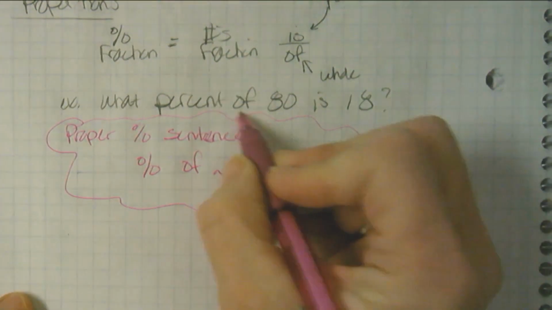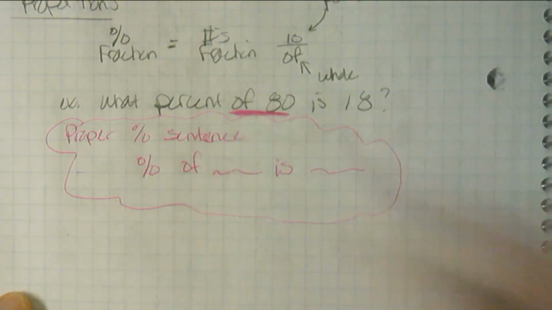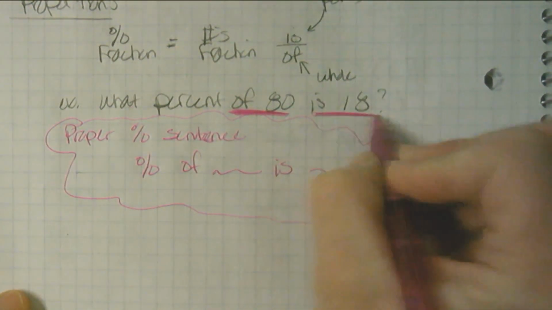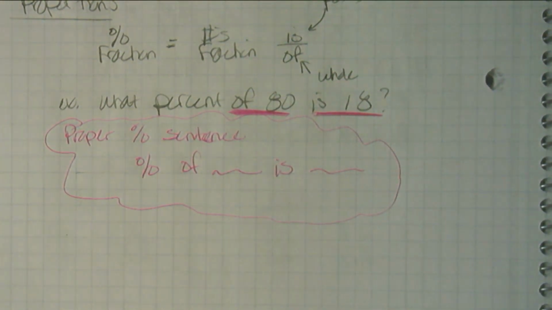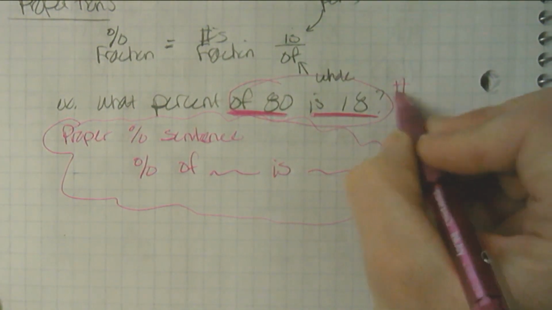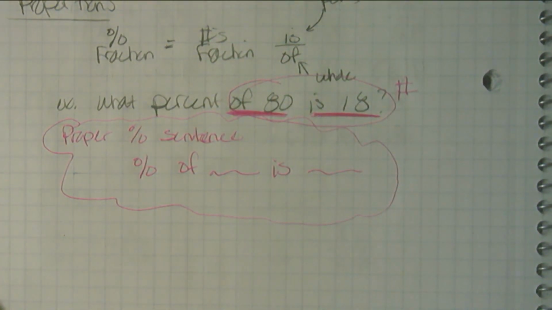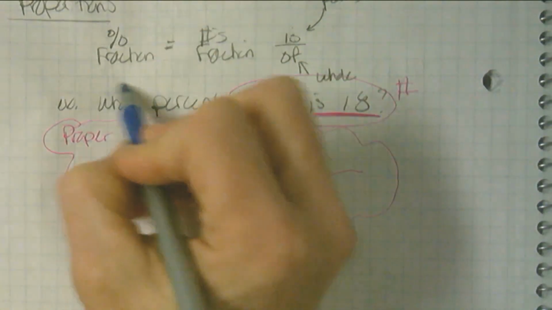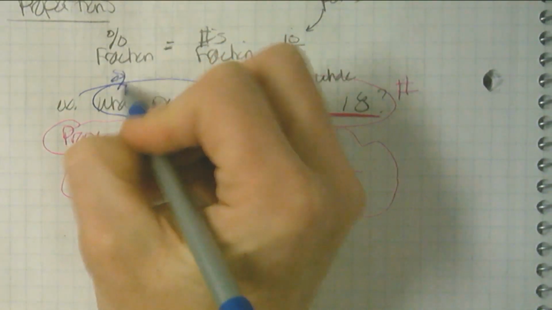Because that means that my of information is right after my of, and my is information is right after my is. And we can very easily see our numbers fraction, and we can very easily see where our percent is.